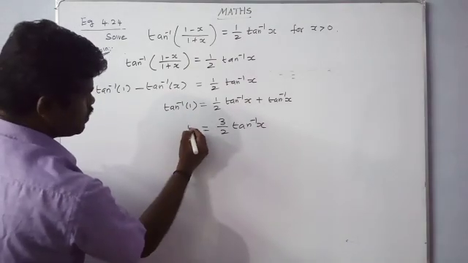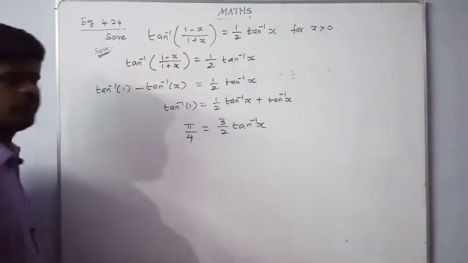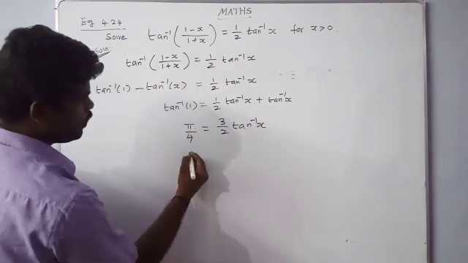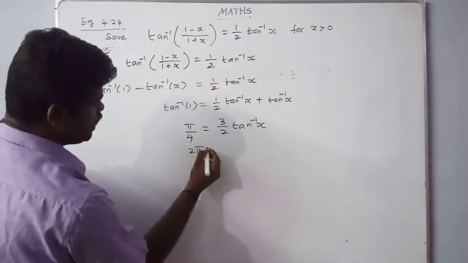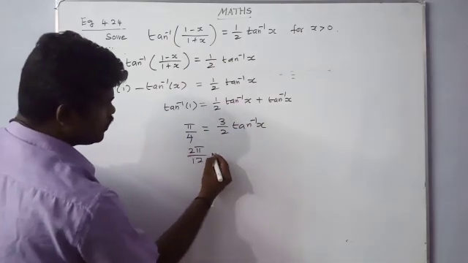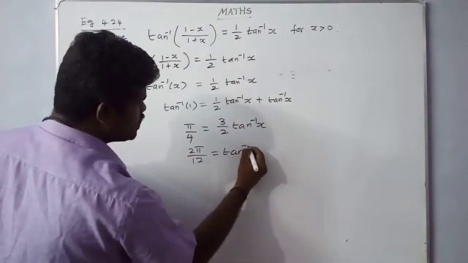Here tan inverse 1 is pi by 4. And 2 goes to this side, numerator 2 pi divided by 3 into 4, 12, is equal to tan inverse x.